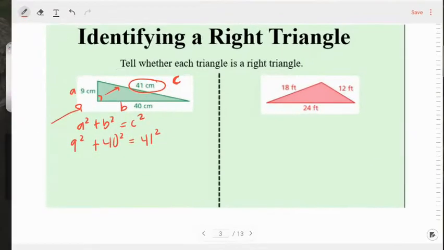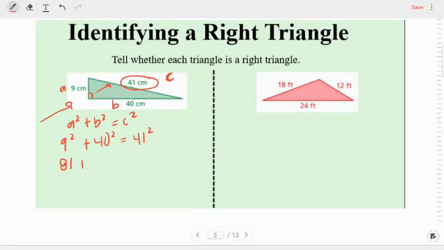40 squared is 1,600. So let's go back up here. 81 plus 1,600 equals, if I add these together, 1,681. Now if 41 squared equals 1,681, I have a right triangle.